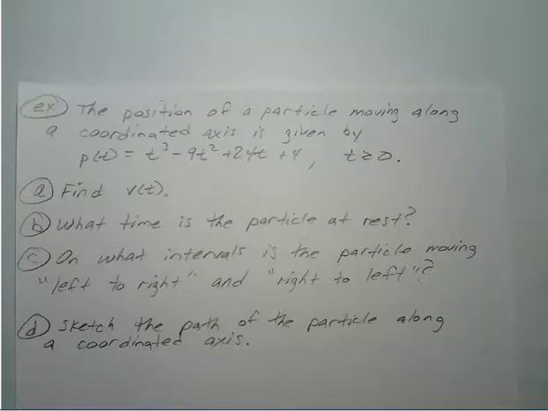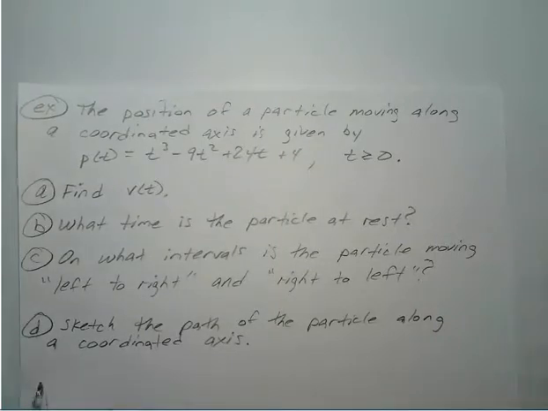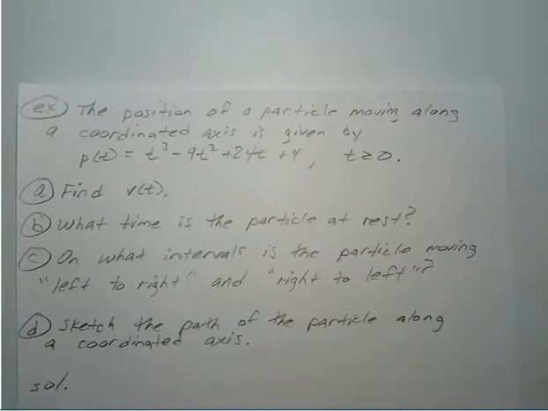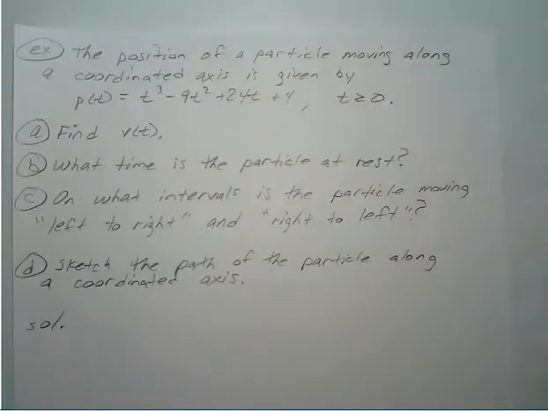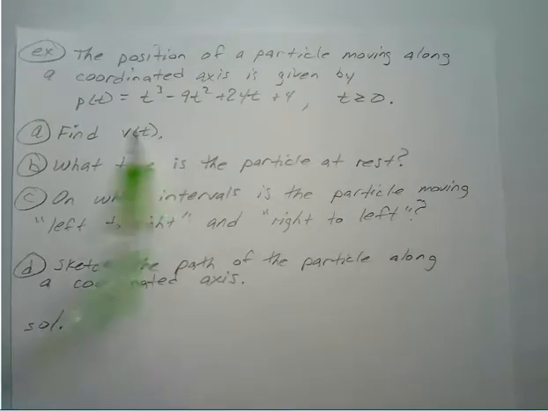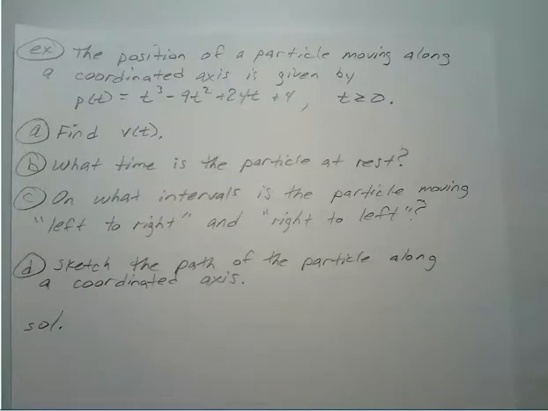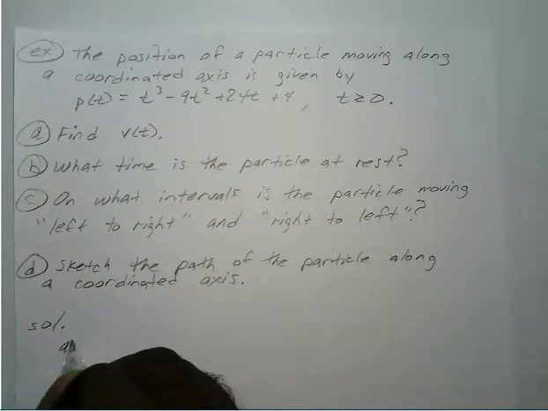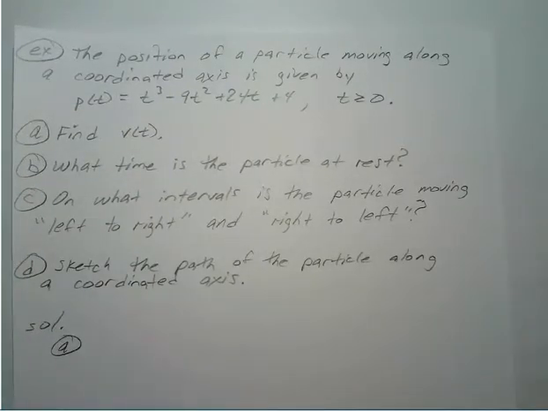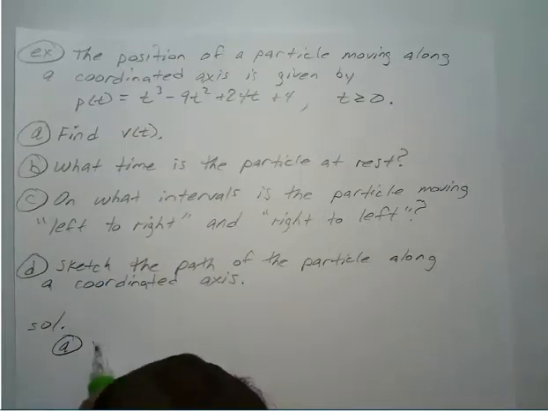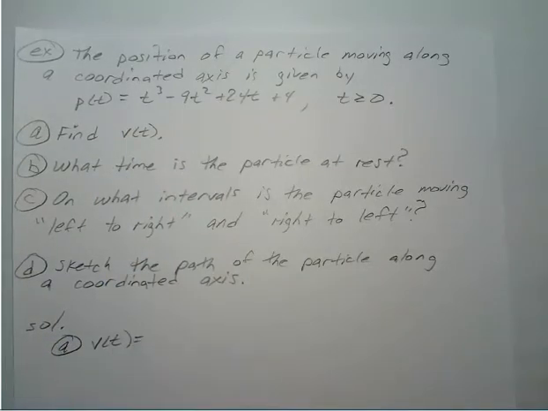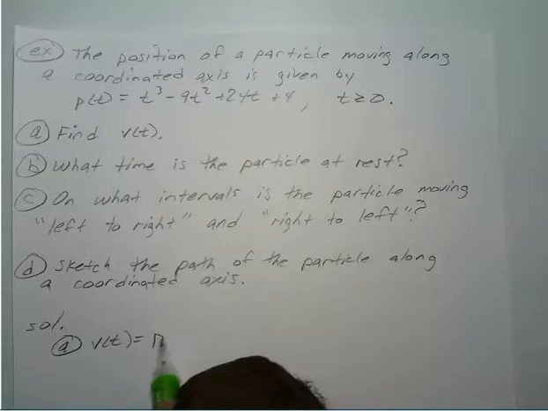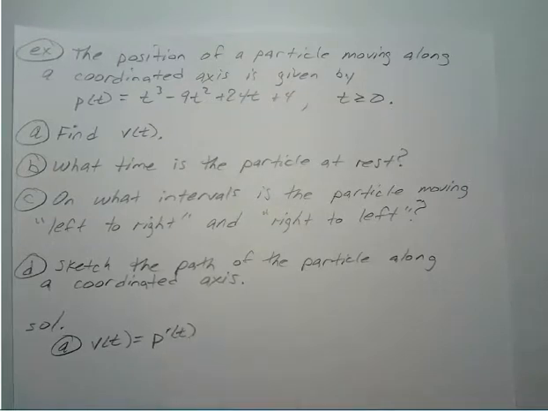All right, so we're going to go ahead and start with part A. If you want, you can go ahead and press pause and do part A on your own. So we know find v of t. We know v of t, that's the velocity function. That's just the derivative of the position function.